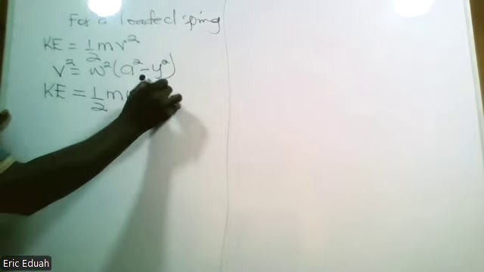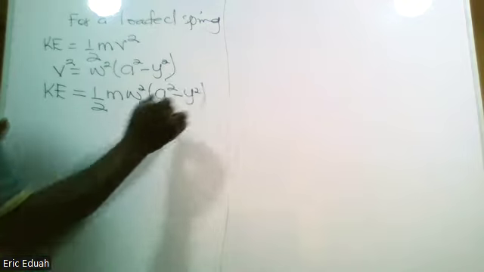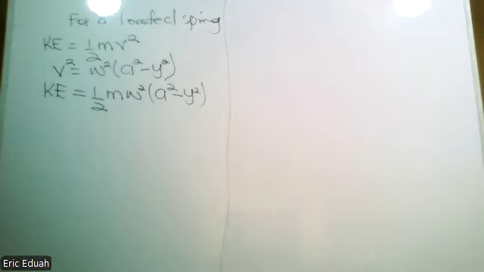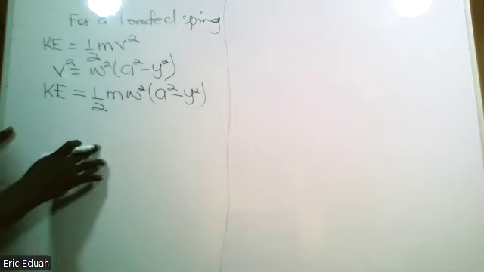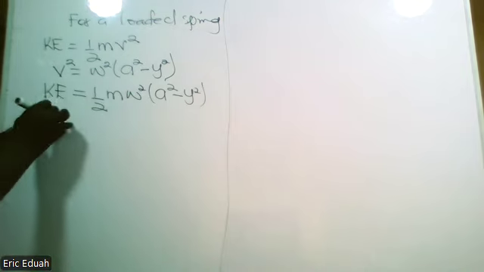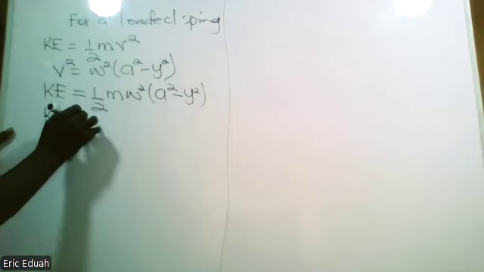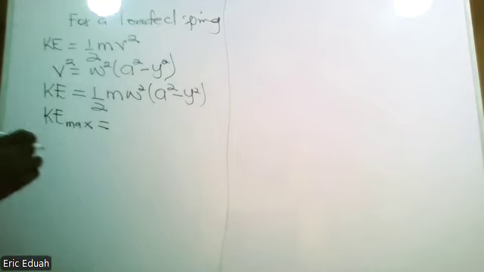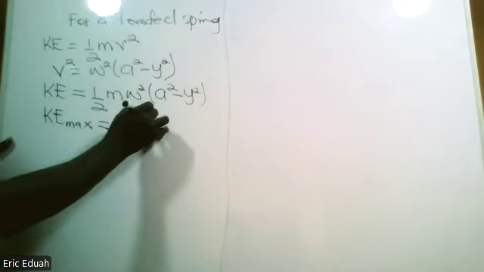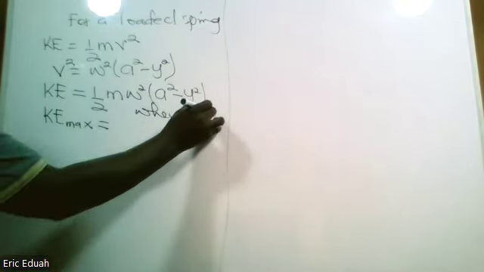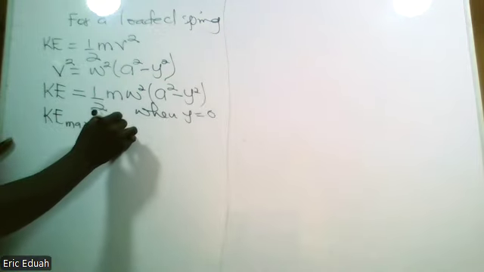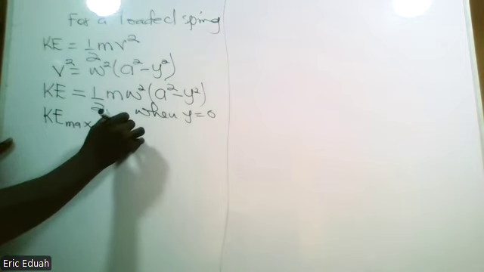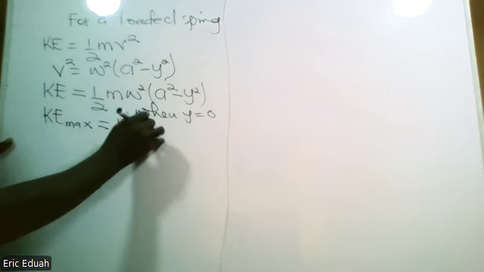We use this to deduce the fact that maximum kinetic energy occurs when y is 0. So when y is 0, we have the kinetic energy being equal to half m omega squared a squared.